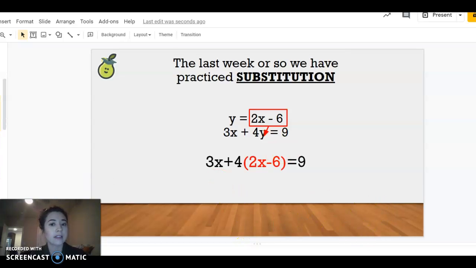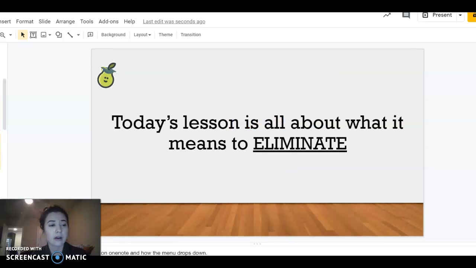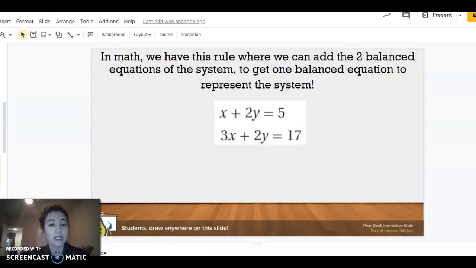Today we're going to talk about a different method, because sometimes we get a set of equations that doesn't look like this. Before we do that, I want to start off by saying there is this rule in math where we can add two balanced equations of a system to get one balanced equation that represents the whole system together.